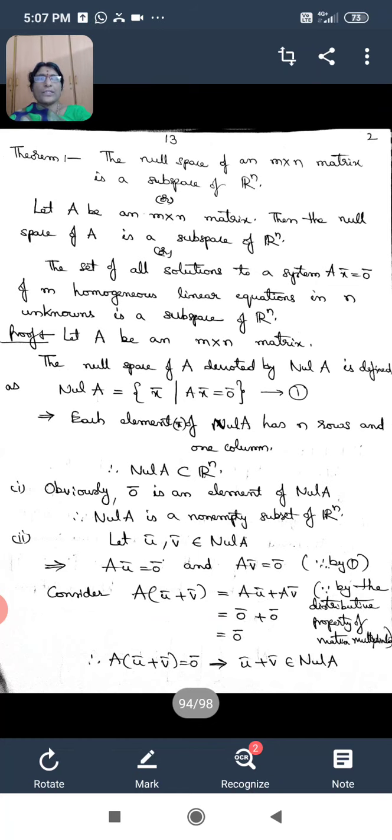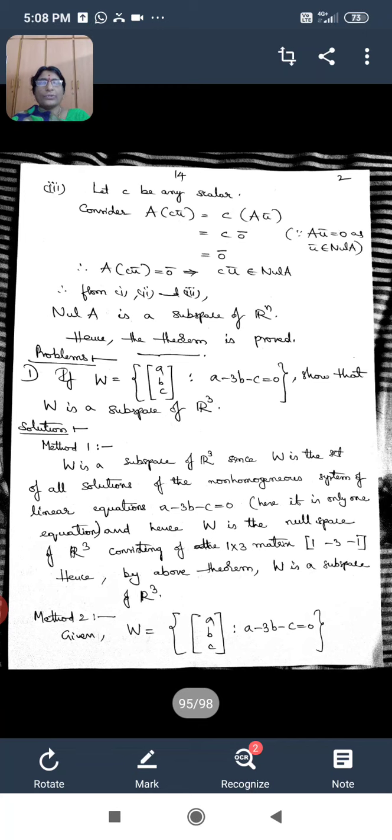The same statement can also be stated as: the set of all solutions to a system A x bar equal to 0 bar of m homogeneous linear equations in n unknowns is a subspace of Rn. So this is the theorem we have proved now, and based on this theorem, we can solve some problems.